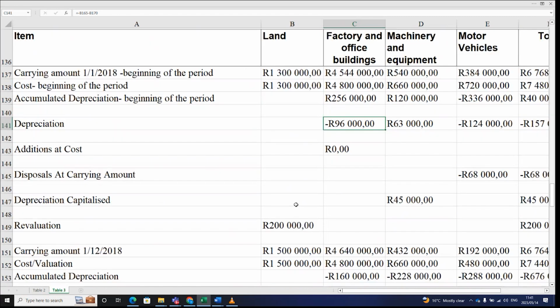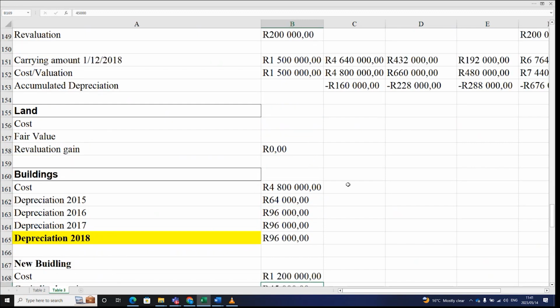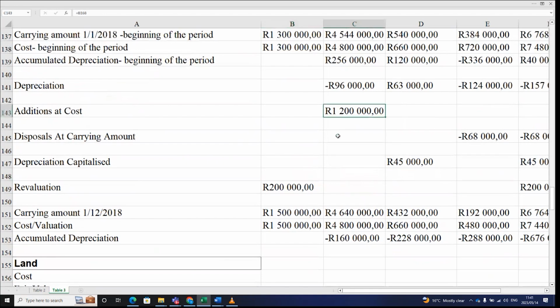Then the additions that we have, the new building: we said that the labor and material is 1.2 million, plus the capitalized portion, which is 45,000, right? So the additions at cost, then the capitalization, 45,000.